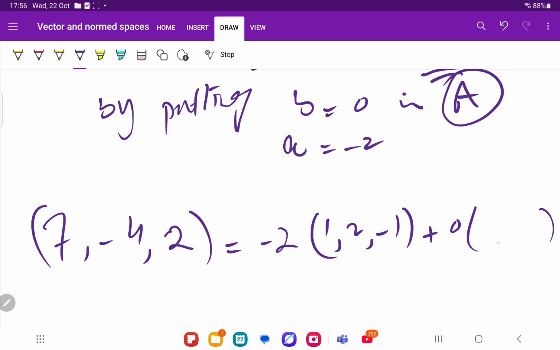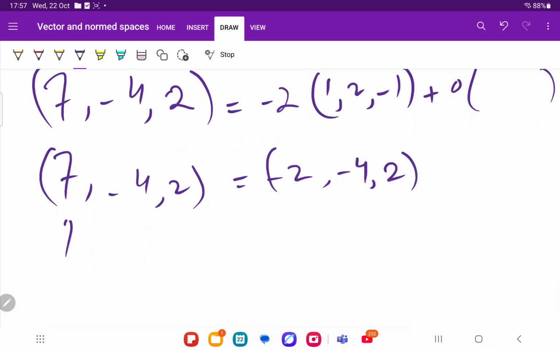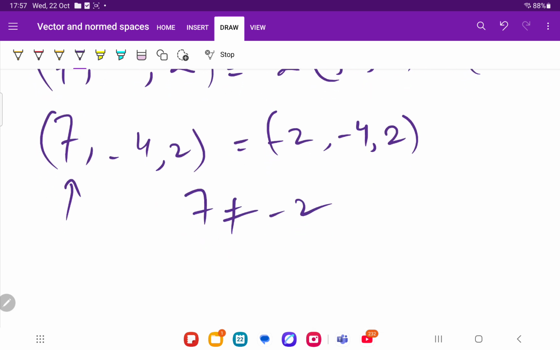There is no need to write even this vector, because when it is multiplied by 0, the answer is 0. So we are remaining with minus 2, minus 4, and plus 2. So you can see 7, minus 4 and 2. It means that 7 is not equal to minus 2. The first number is not equal to minus 2.